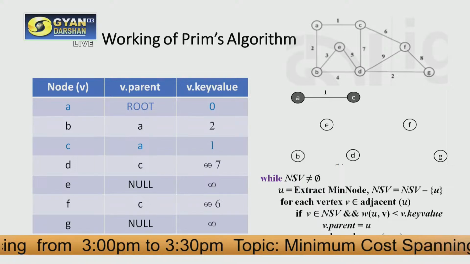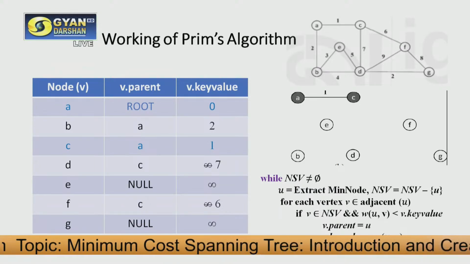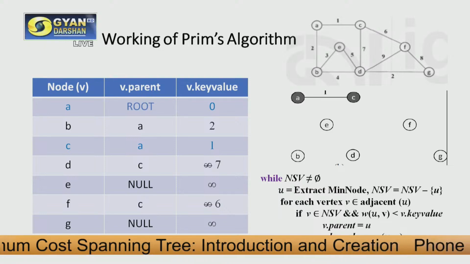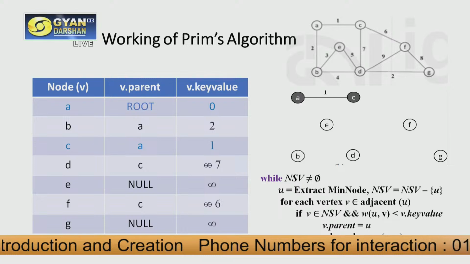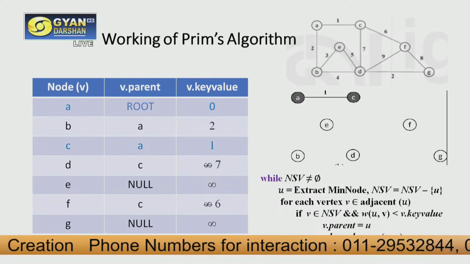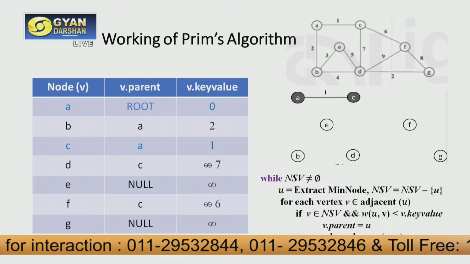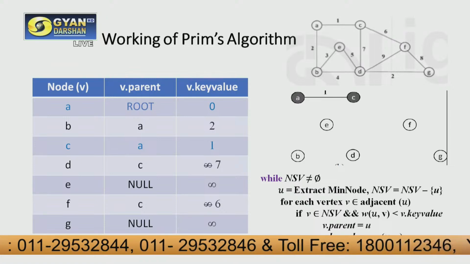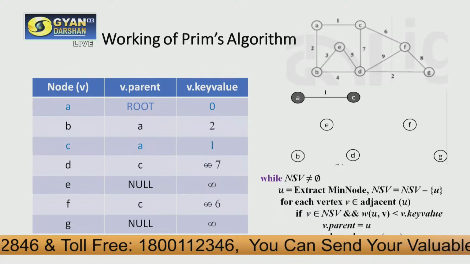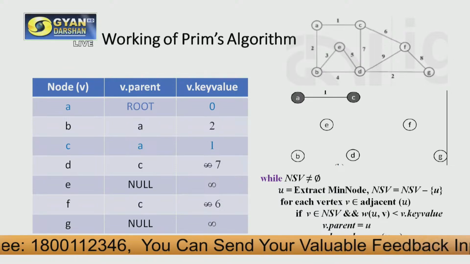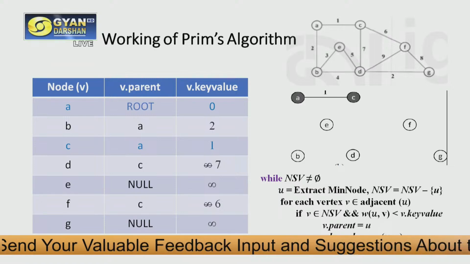Now out of this table we can see which node should be selected next to be included into the minimum spanning tree out of unvisited nodes. So now we have A and C already visited, we have B, D, E, F and G unvisited, and out of these 5, B is the vertex which has minimum cost or minimum weight, that is 2.